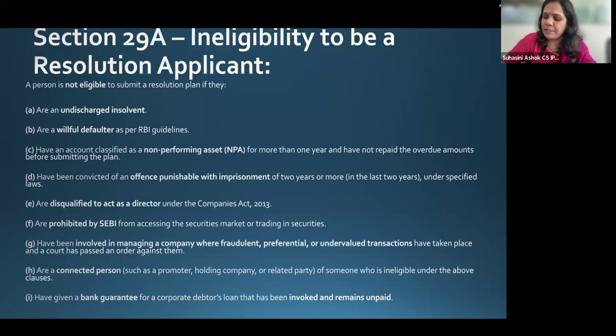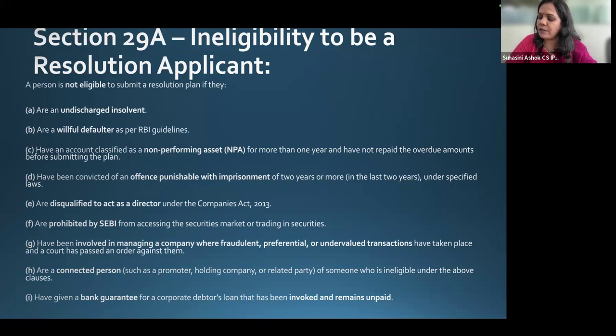Then clause E: disqualified to act as director under the Companies Act. So disqualification under various provisions of the Companies Act, if he is disqualified and there is an order from ROC, or suppose in non-filing of financials also the director gets disqualified.